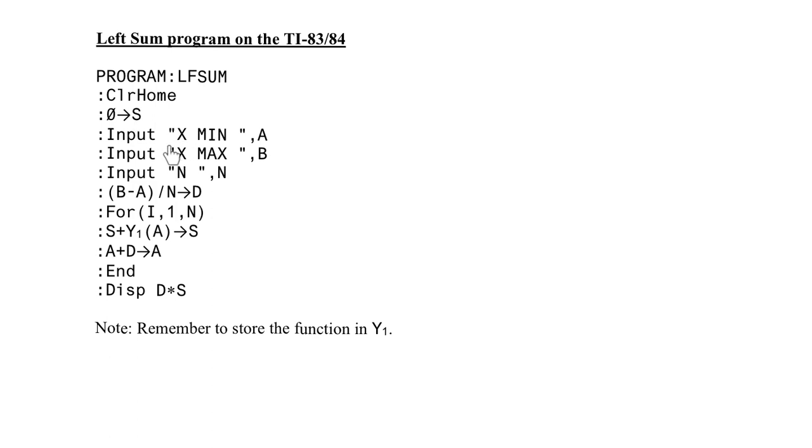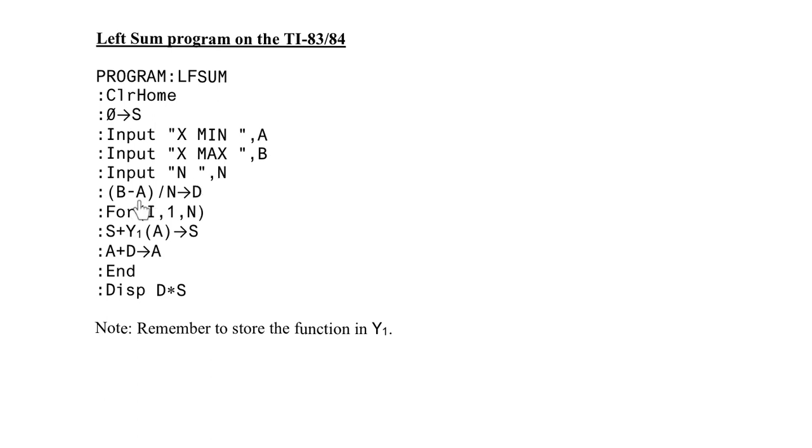And you can see what it's going to do. It's going to ask us for the minimum. Like in the problem that we did initially, we're finding the area underneath that parabola, y equals x squared, from 0 to 1. So if we were going to do this on the calculator, we'd say the minimum is 0, the maximum is 1, n is the number of rectangles we want.